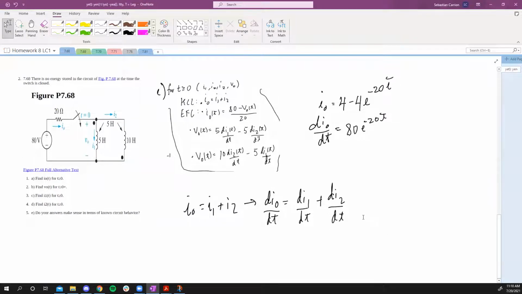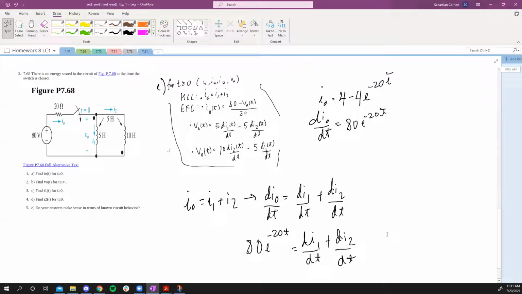Okay. So then what can we do with this? Essentially, we can play with these equations now. We can say 80e to the negative 20t equals di1/dt plus di2/dt, right?